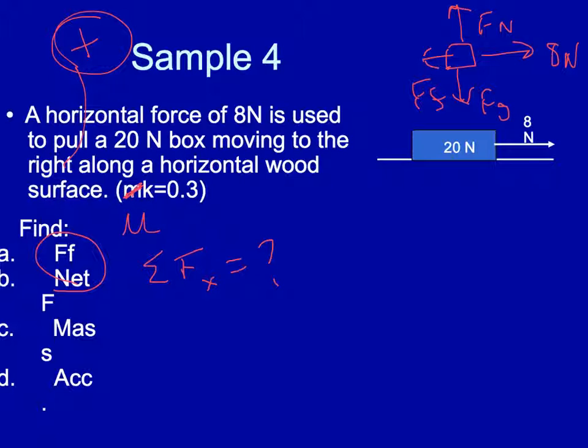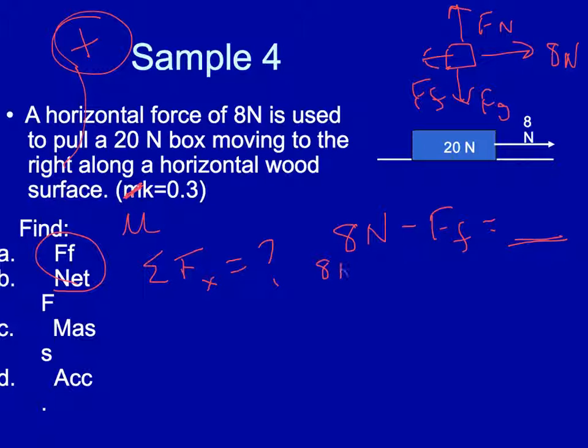So I'm going to have 8 newtons minus the force of friction is equal to m times a, and we'll get to that in just a second. But what I'm looking for now is what that value is.